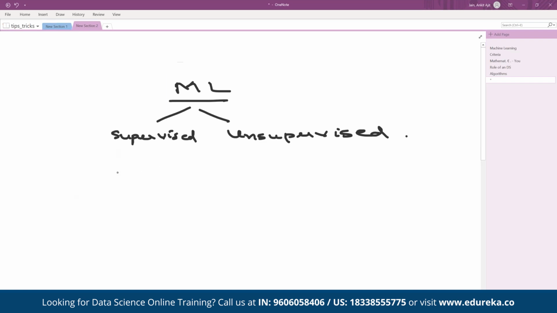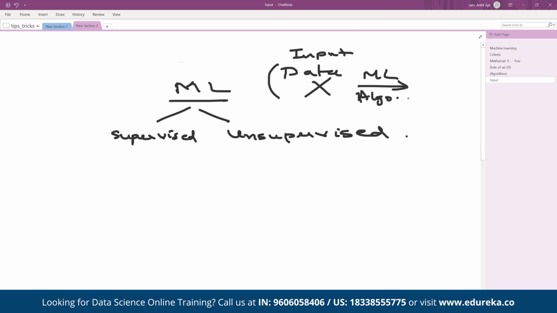As I explained before, the whole art of machine learning is feeding in data, which we call input data. Mathematically, input data is represented as x. We feed it into a machine learning algorithm, and it will predict a y, it will give an output.